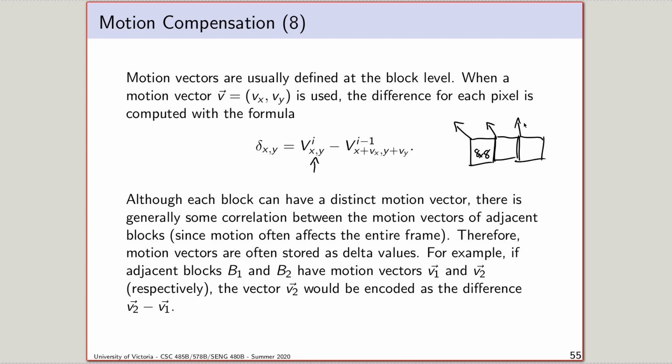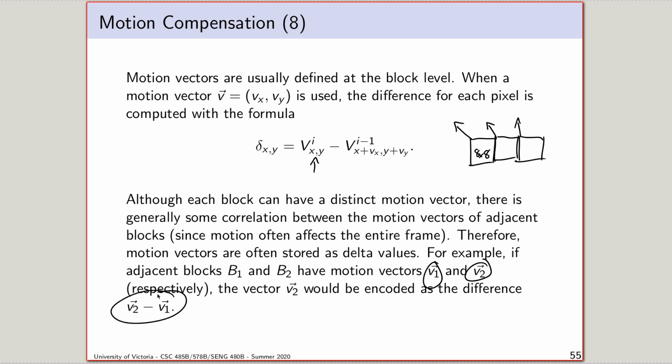Not the same, but similar. And so typically motion vectors are compressed with delta compression of their own. If we have two adjacent blocks with motion vectors v1 and v2, we don't store v1 and v2 directly. We instead store the motion vector for the first block and store every other motion vector as a difference from the previous one, the idea being that they're more often than not likely to be similar.